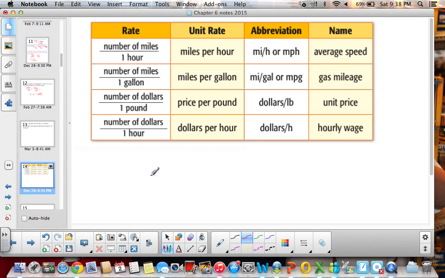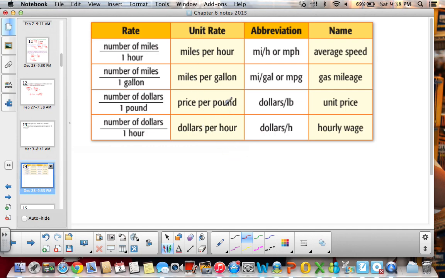Okay, I know that this seems like a lot of writing, but it's really not. I want you to pause me and write this table in your notebook, and you can do it really fast. But these unit rates right here are really popular rates and things that we're going to be working with a lot.